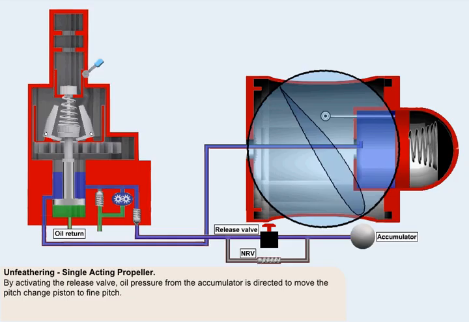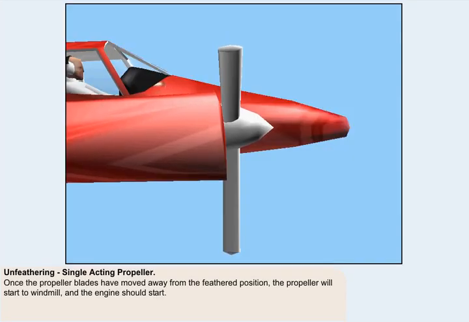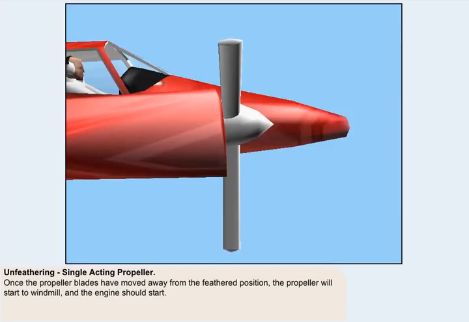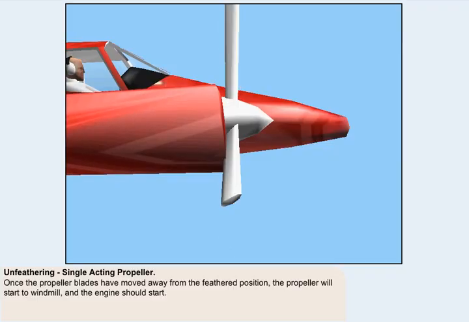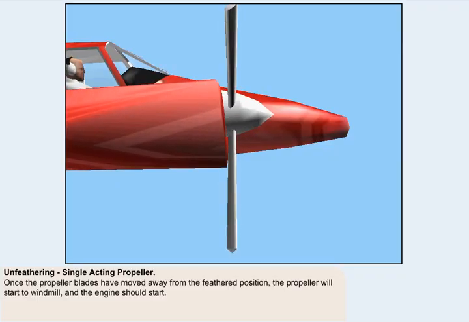Alternatively, some systems may utilize an electrically operated unfeathering pump, or on some smaller systems, the engine may require motoring over on the starter to build up sufficient oil pressure. Once the propeller blades have moved away from the feathered position, the propeller will start to windmill, and as long as the engine has fuel and ignition, it should start.